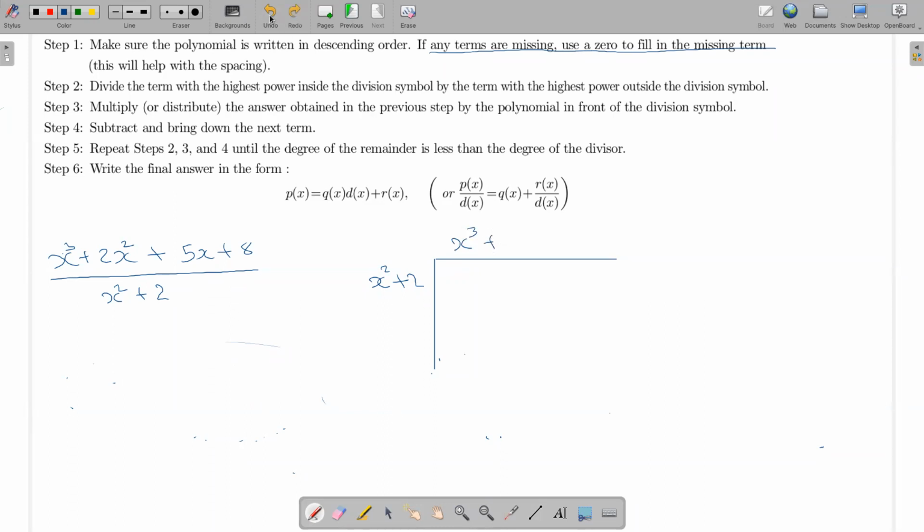Okay, one more thing. Okay, not x squared plus 2. Here inside I write x cubed plus 2x squared.